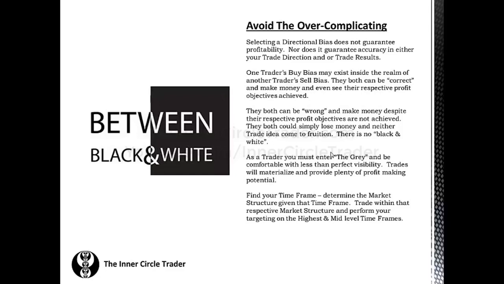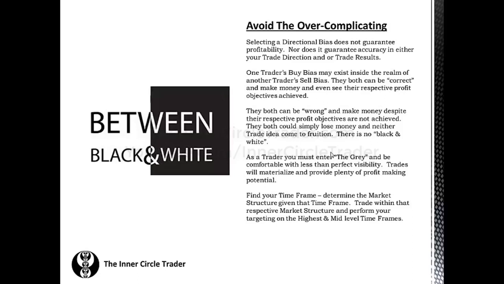They both can be correct and make money, and even see both their respective profit objectives achieved. They both can be wrong and make money despite their respective profit objectives not being achieved. Again, it's not about being quote unquote correct, it's about being profitable. However, they both could simply lose money and neither trade idea come to fruition.